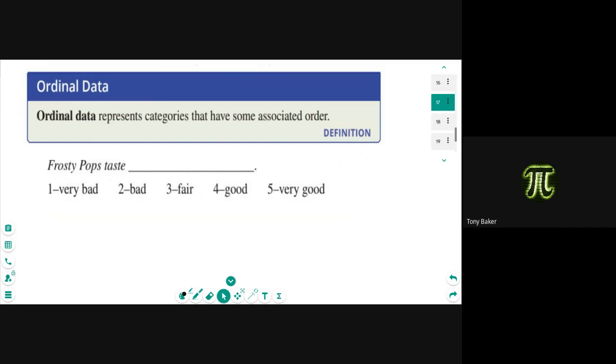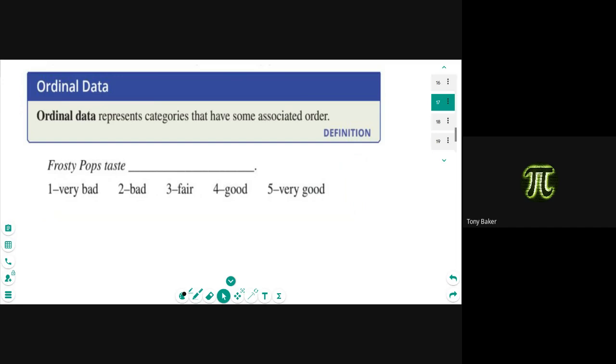But if 5 people gave them 1 star, does that mean they have 5 stars? No, that wouldn't make any sense. They have 5 1-star reviews. So putting them together doesn't mean anything, but putting them in order does.